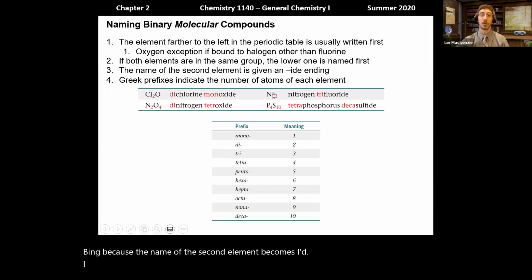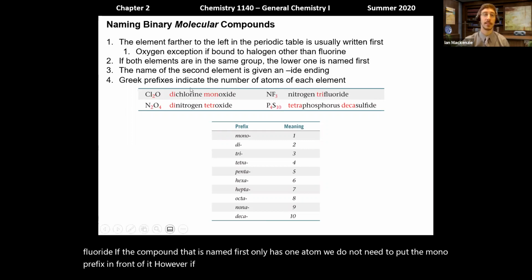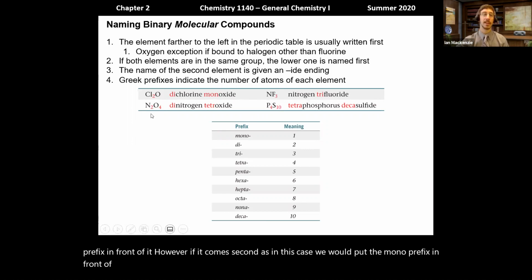Nitrogen with 3 fluorines. Nitrogen appears to the left, so it's named first, nitrogen, and then trifluoride. If the compound that is named first only has 1 atom, we do not need to put the mono prefix in front of it. However, if it comes second, as in this case, we would put the mono prefix in front of it.